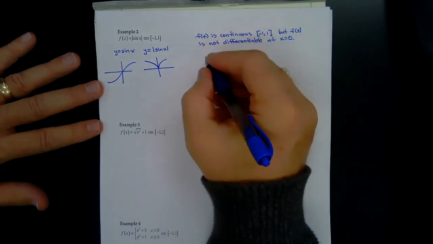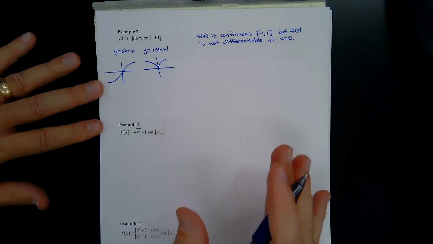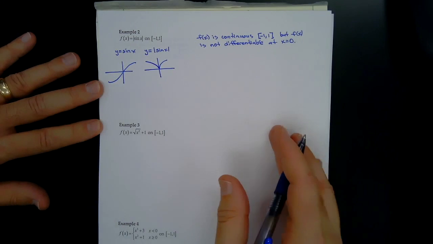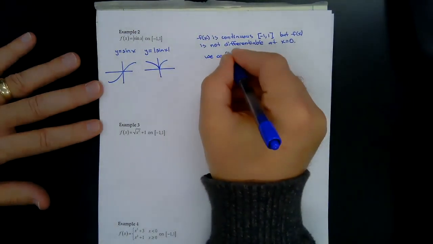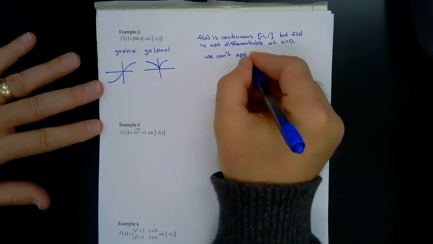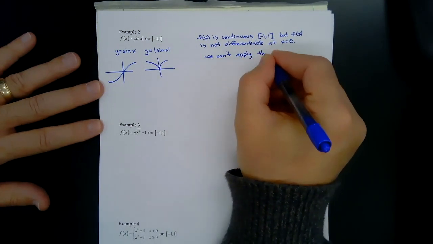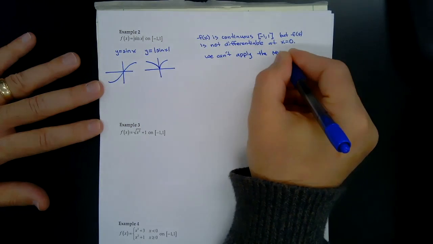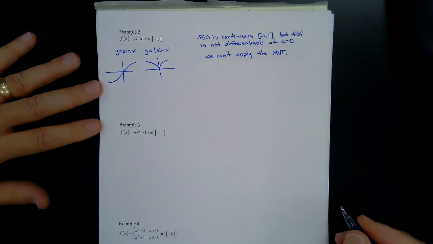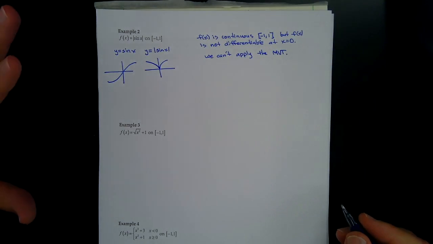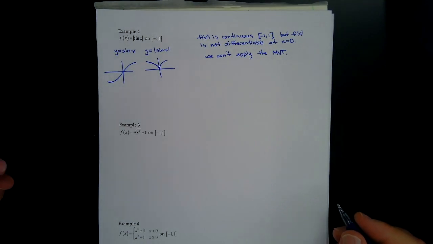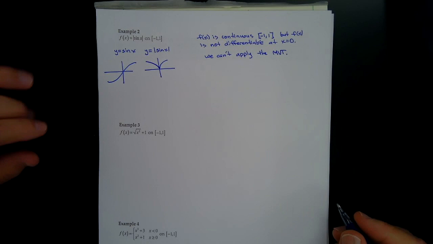So what that means is, because it didn't meet the conditions to use the mean value theorem, we can't apply the mean value theorem. So it's important that you know when you can apply it and when you can't. It has to be continuous on the closed interval and differentiable on the open interval.